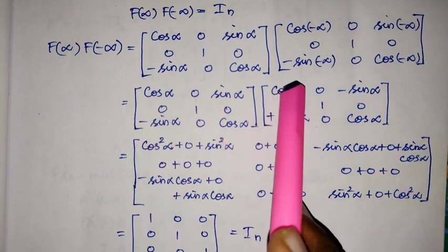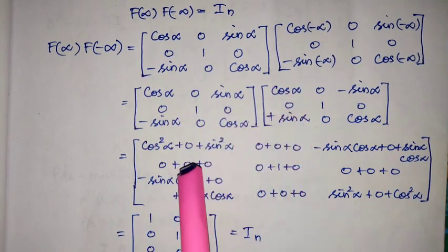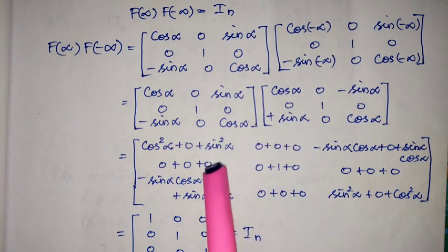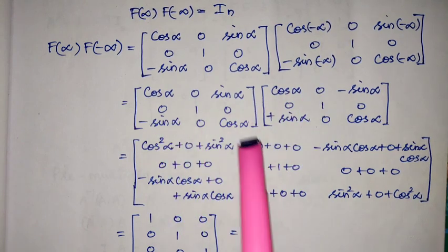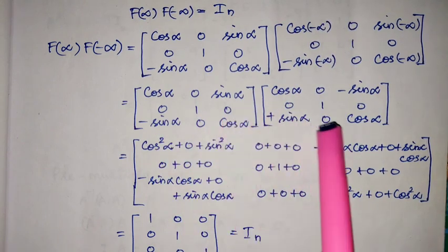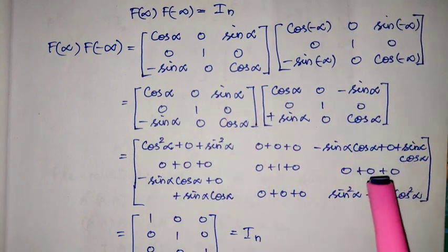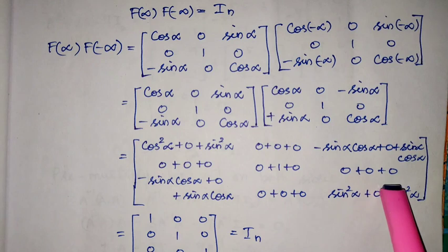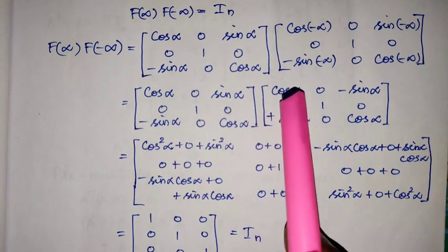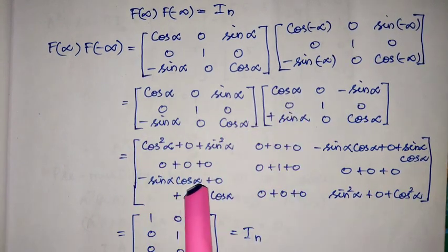Now 0 into cos alpha is 0, 1 into 0 is 0, 0 into sin alpha is 0, 0 into 0 is 0, 1 into 1 is 1, 0 into 0 is 0, 0 into minus sin alpha is 0, 1 into 0 is 0, 0 into cos alpha is 0. Now minus sin alpha into cos alpha is minus sin alpha cos alpha.